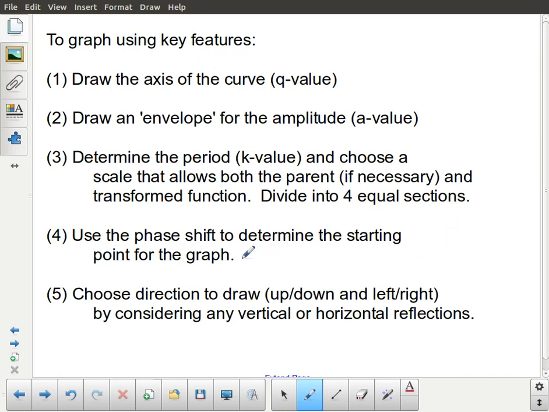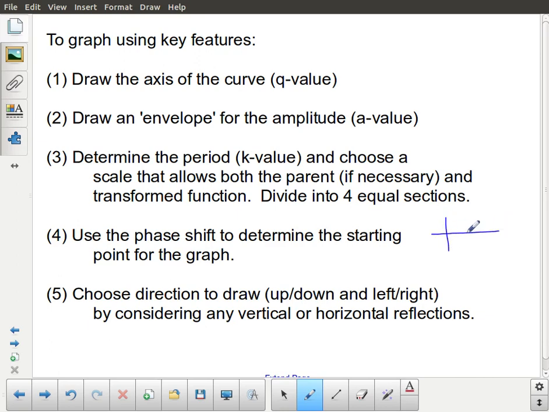The phase shift determines where the starting point is for the graph. I'm going to take particular care when I talk about this in our example, so you'll see, or hopefully you'll see what it is that I mean. And then choosing your direction to draw is based on what we know about sine and cosine.